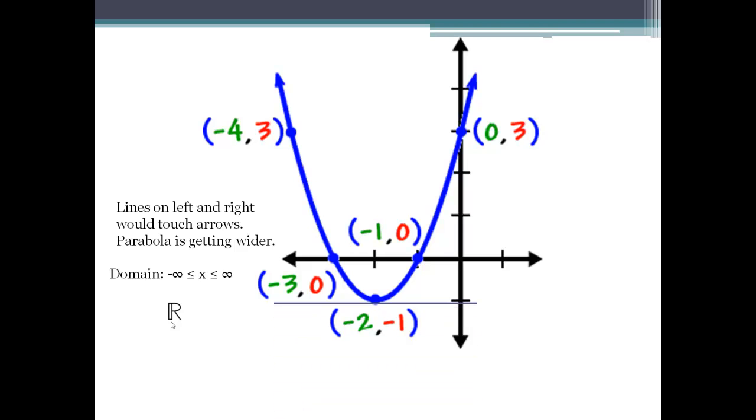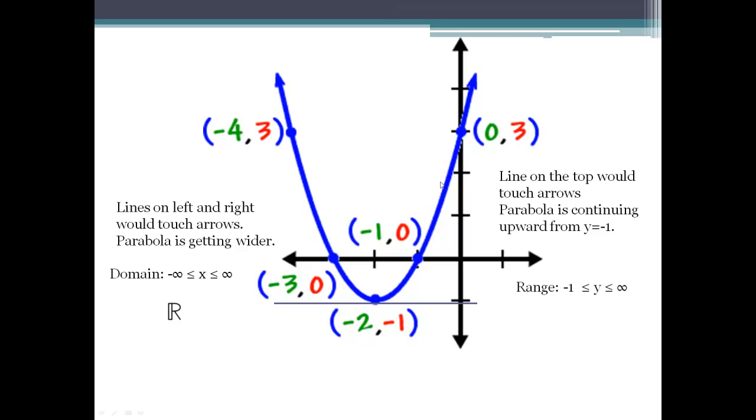Let's look at our range. Looks like our range is going to start at -1. That's the y value. And on the top, our line would touch arrows. That means that the parabola is going to continue upward to infinity. So we're not going to draw the line.